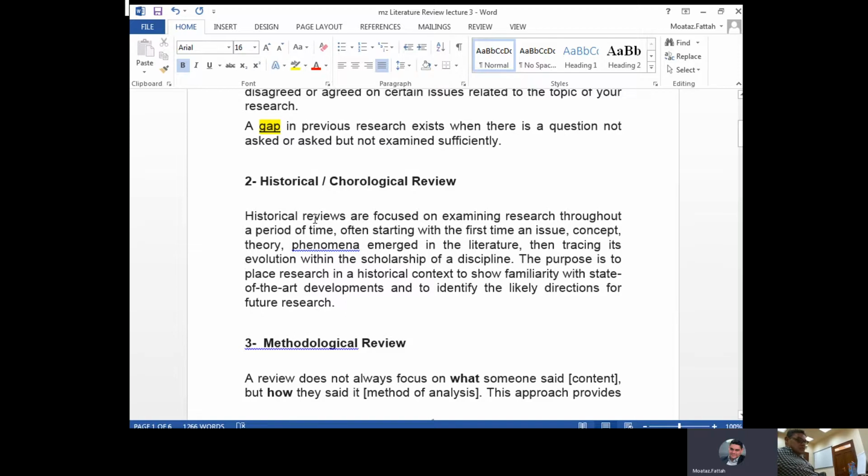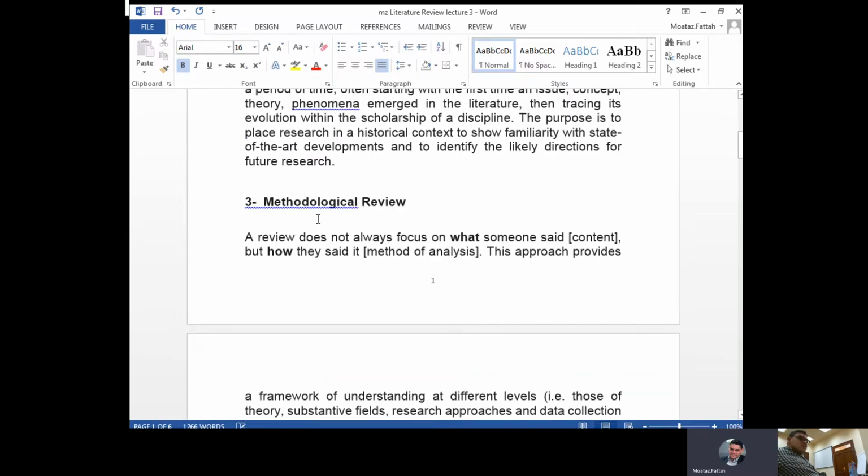There is a third way of writing a literature review, which is methodological review. Here you are not focusing on what previous researchers said. This is the content. But how they said it. How they got there, how they came up with the conclusion that oil-producing countries usually tend to end up being non-democracies.